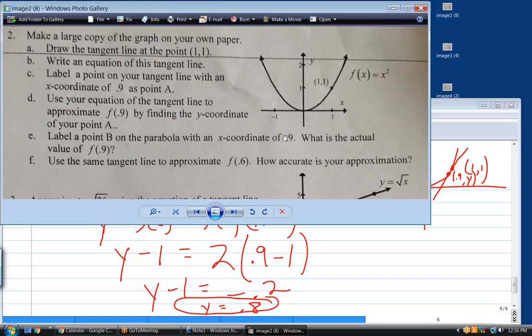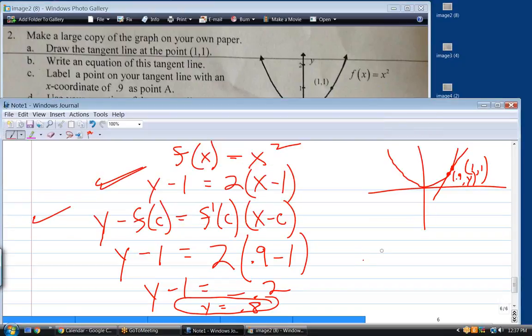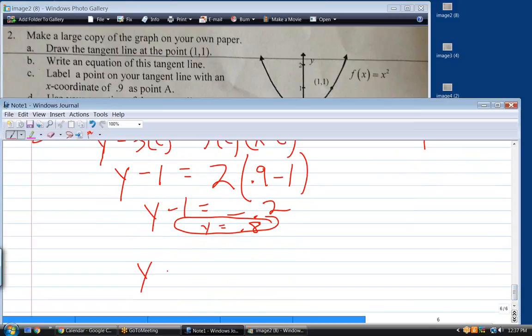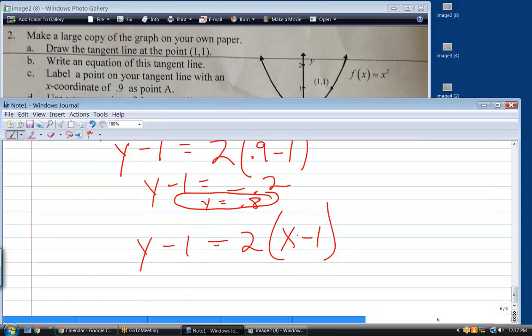Okay, label a point B that has an x-coordinate of 0.9. What's the actual value? Well, we just decided that that was 0.81. Use the same tangent line to approximate f of 0.6. How accurate is your approximation? Well, if I'm starting from this, what's the approximate value of y when x is 0.6?